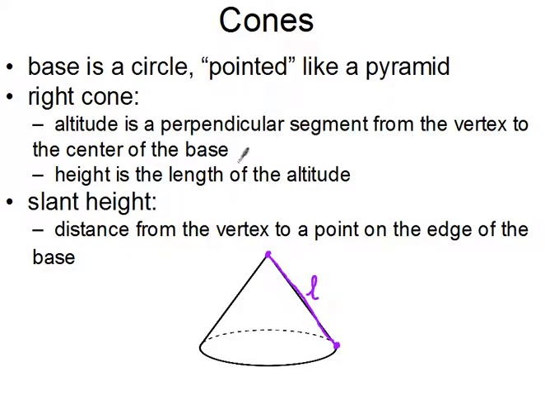Alright, the height of the cone is different. If they ask for the height of the cone, or they give you the height of the cone, that is here. Slant height and height are two different things. Okay, and that makes a difference when we get to volume.